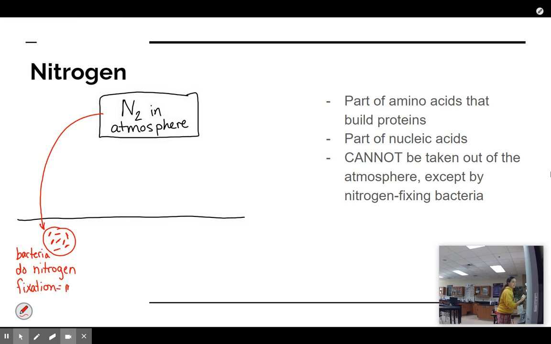And that word basically means they make the nitrogen usable or available for other living things. And so they take that nitrogen from the atmosphere, they do this chemical process, and then they release it into the soil.